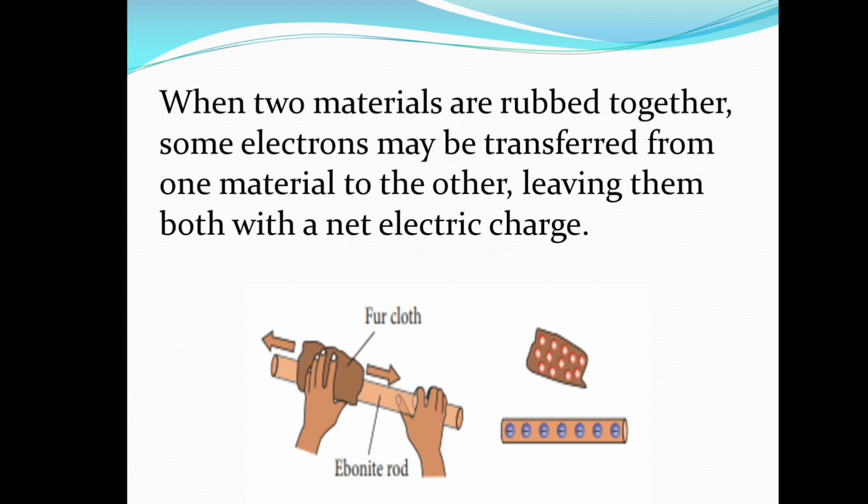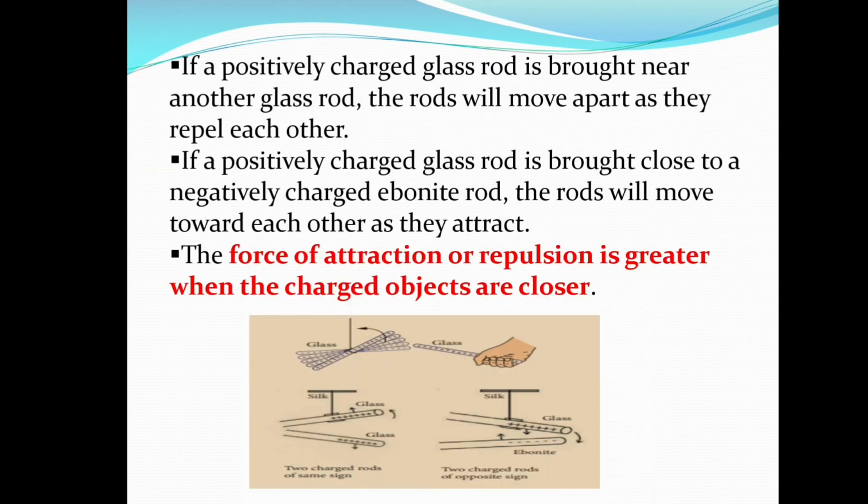So from this we understand that when two materials are rubbed together, some electrons may be transferred from one material to the other, leaving both with a net electric charge. Do you know, if a positively charged glass rod is brought near another glass rod, the rods will move apart as they repel each other.